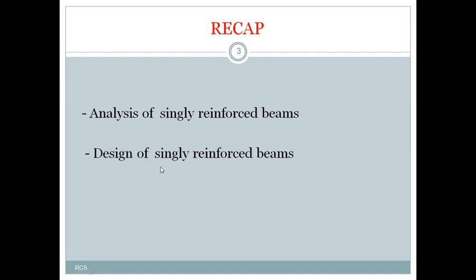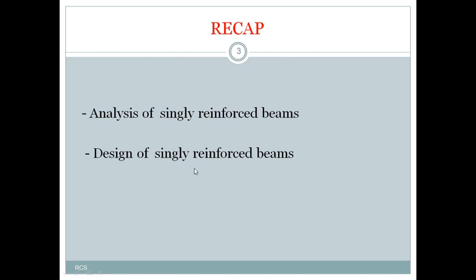Then we go for the design of a singly reinforced beam. The design of a singly reinforced beam means we have to design the dimensions of the beam and the amount of steel reinforcement provided in the tension zone of the beam. So that is B, D and Ast that we have to calculate, and we have discussed elaborately how to calculate B, D and Ast, and what checks are available for the design of singly reinforced beams, right?